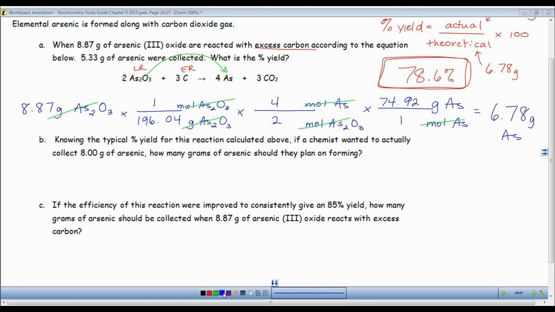Knowing the typical percent yield for this reaction is what you calculated above, 78.6%. A chemist wanted to actually collect 8 grams. That's the actual. How many grams of arsenic should they plan on forming? The amount that should be formed.